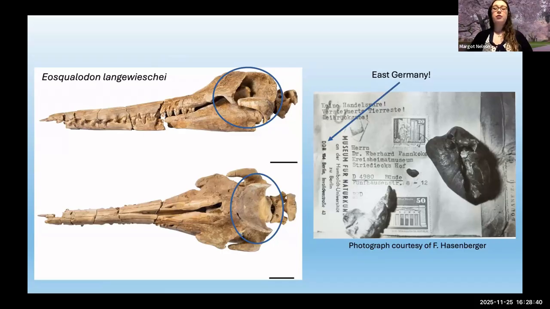And also, parts of the specimen had actually been separated from the fossil before World War II and had been sitting in East Germany for decades, and were finally repatriated to the fossil after this original description. So we actually had a wealth of data that we could now access because the specimen was being revisited.